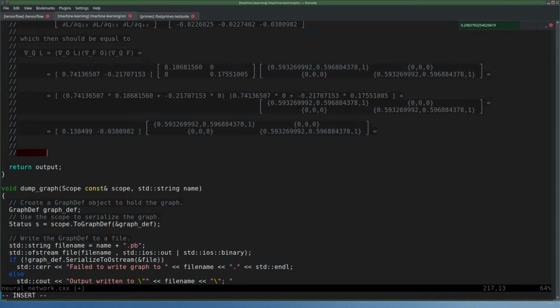So we work that out. We get again a row vector consisting of that times that plus that times that, but that's 0. No, I'm not going to type that one. And then we get this one times that.